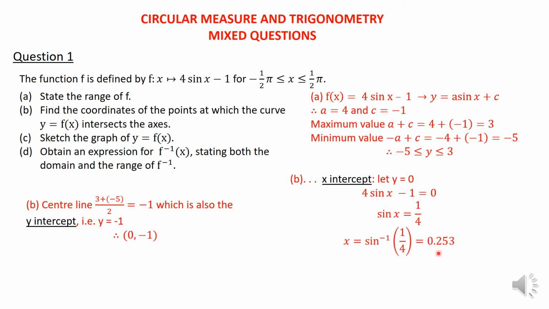And as you can see, it's 0.253 radians, and therefore the coordinate of the x-intercept is going to be (0.25 radians, 0). So these are quite helpful when you are going to do part C, where you are supposed to sketch the graph.